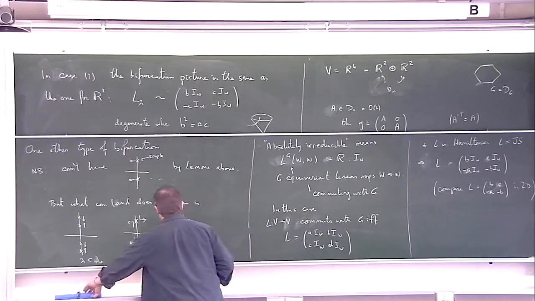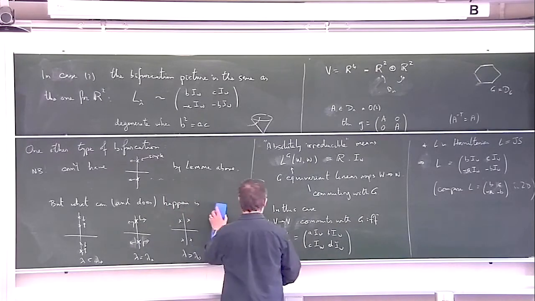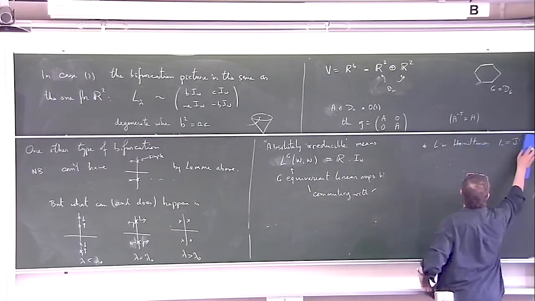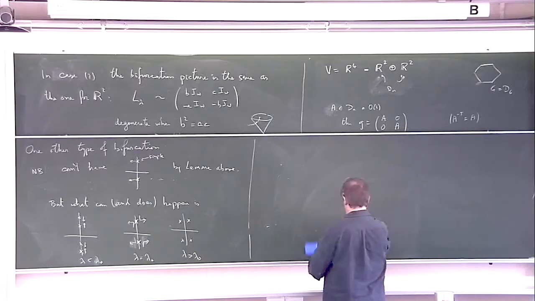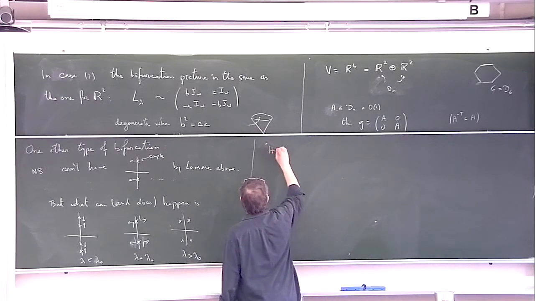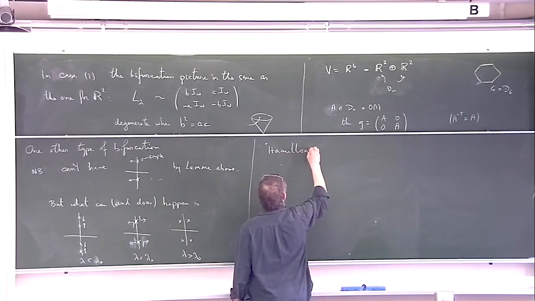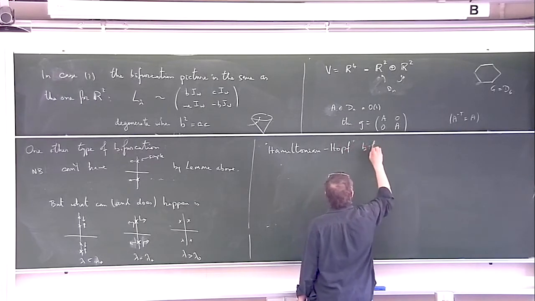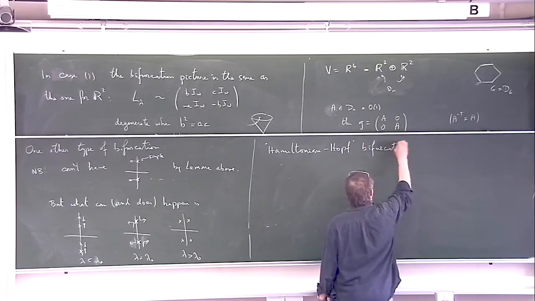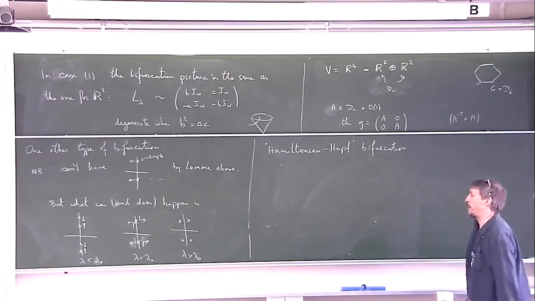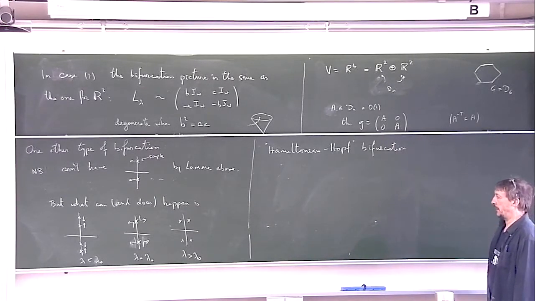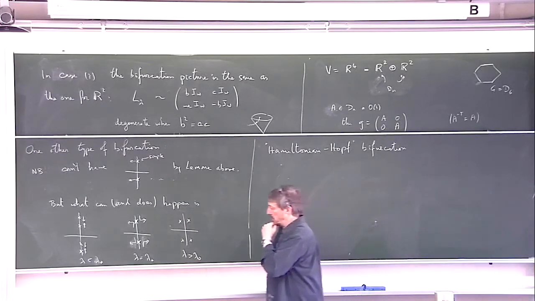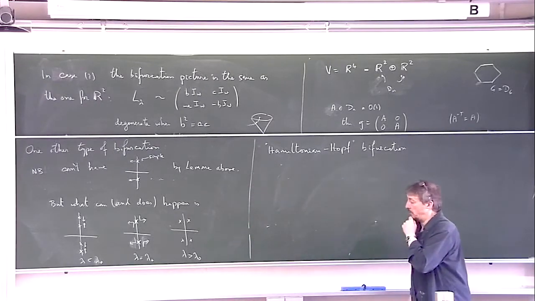This is called a Hamiltonian Hopf bifurcation, and it has some interesting dynamical questions, which I'm going to talk about later.